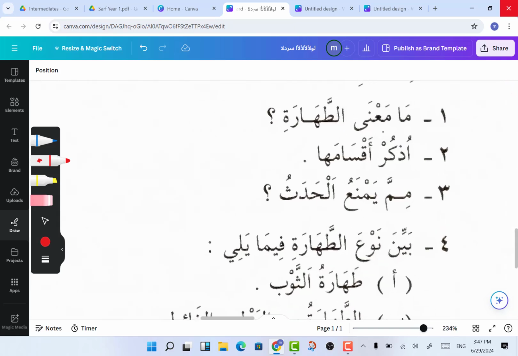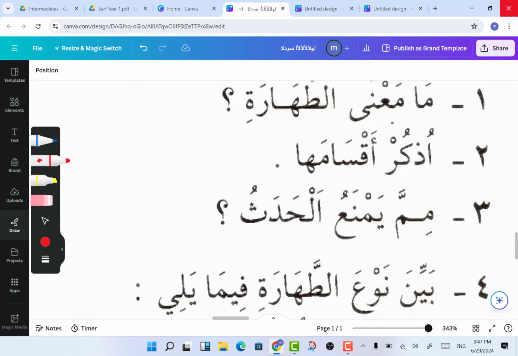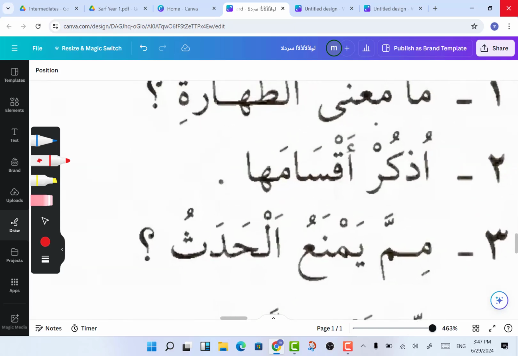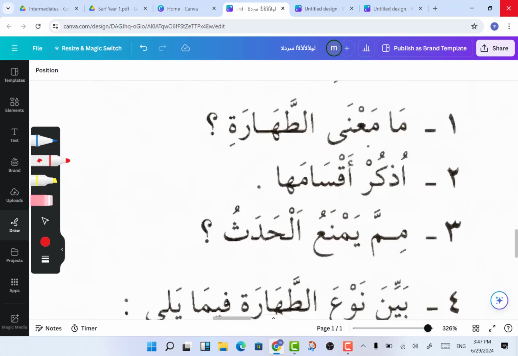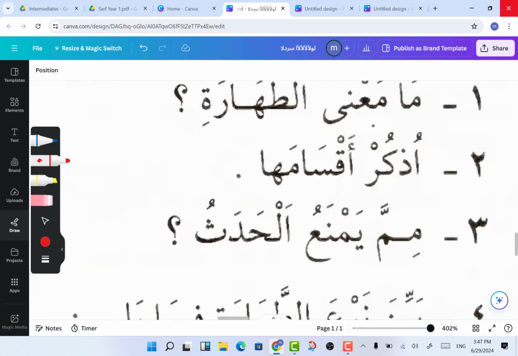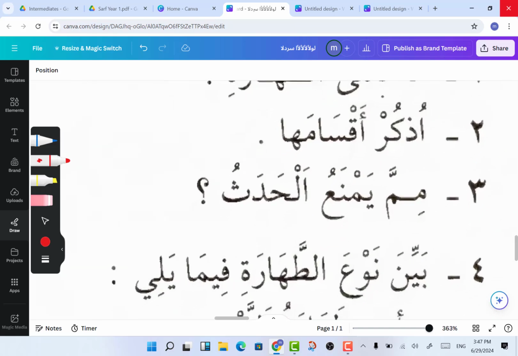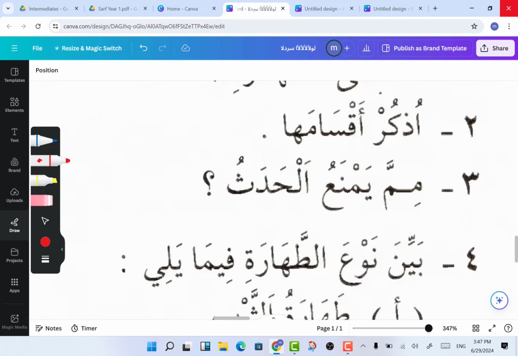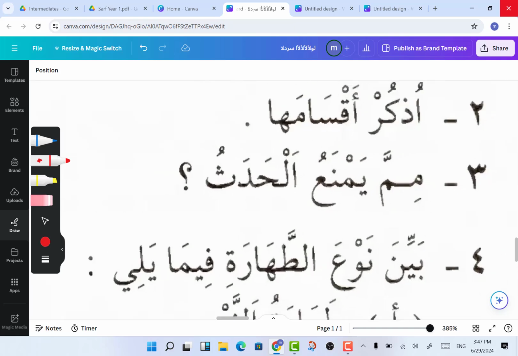So the aqsam of tahara. At-taharatu min al-hadath wa at-taharatu min al-najas. Mimma yamna'u al-hadath. Al-hadath, the filth.